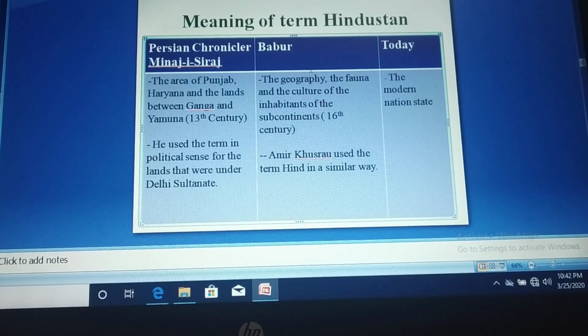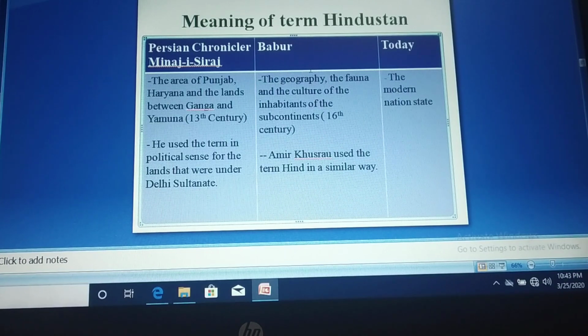It was in a cultural sense, not in a political sense. In the same way Amir Khusro also uses the word Hindustan in his writing, but he uses it for that particular area's culture and literature.